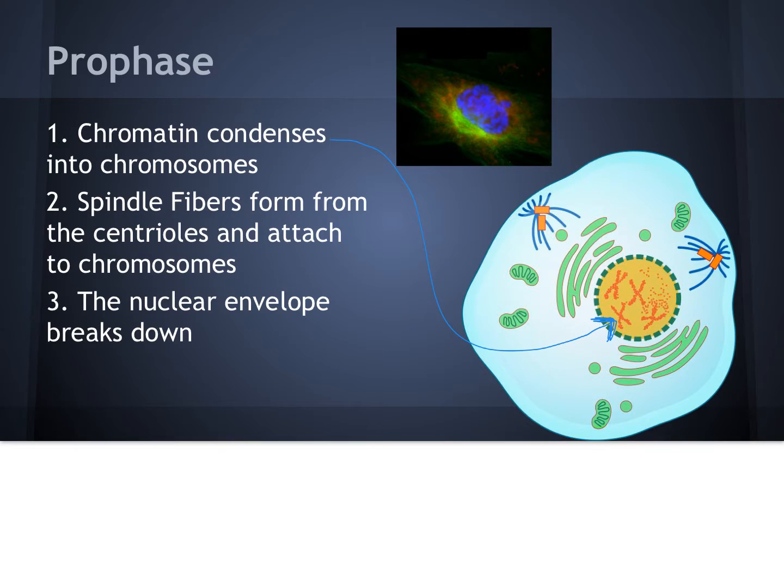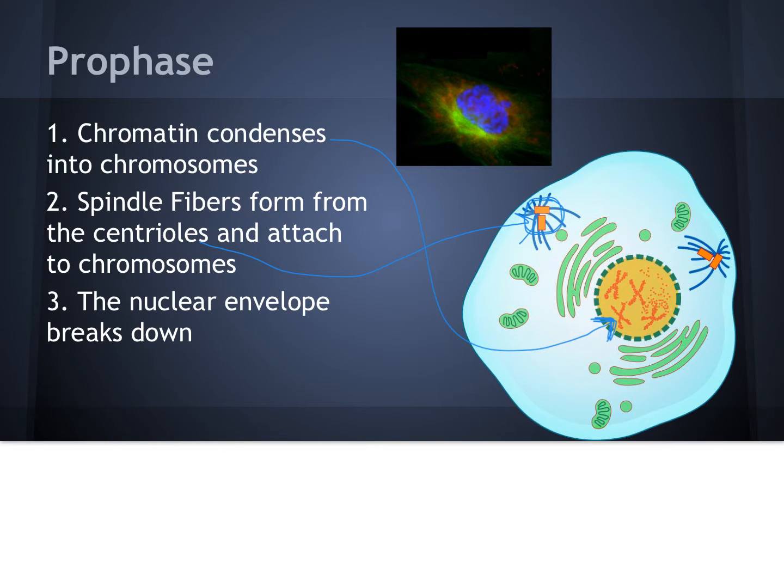We are going to have, you heard about the organelle, the centriole? Those are these little orange guys over here. What they do is they send out these spindle fibers, these little blue pieces over here, and they're going to come out and start growing to try and attach to these chromosomes.